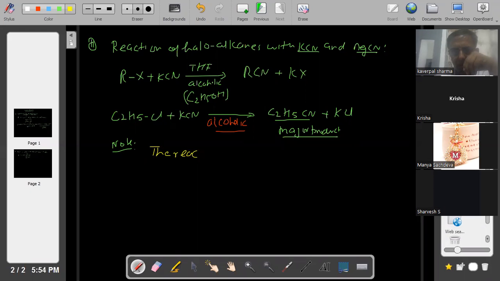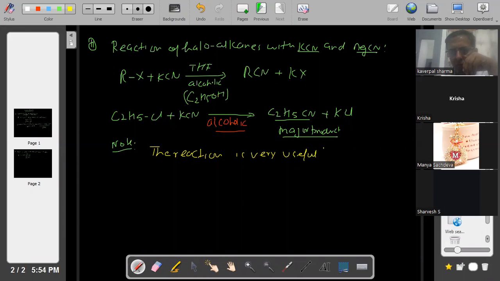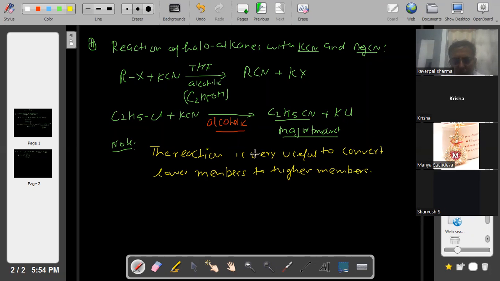The reaction is very useful to convert lower members to higher members.